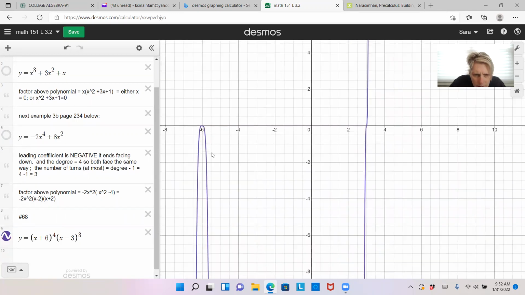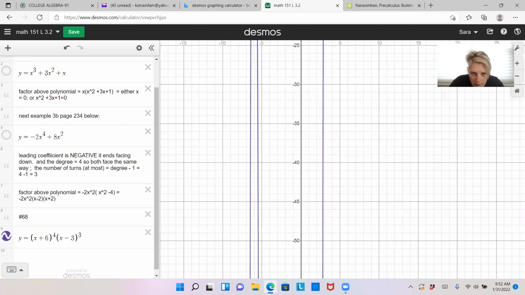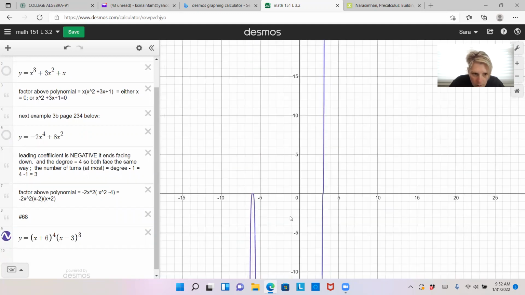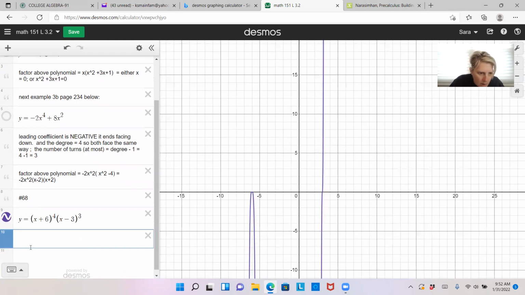So indeed, if I click on it, it does touch at -6, crosses at 3, just like we thought. And it's so far down here. Because we know that number is so big, I can put in that y-intercept value right here.